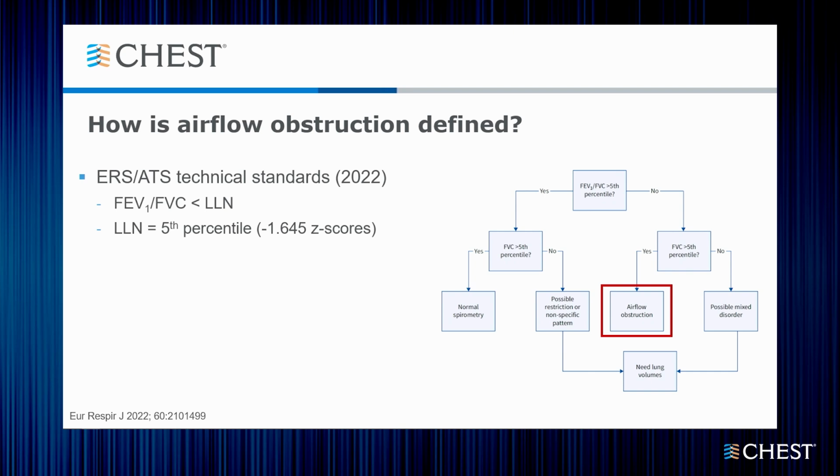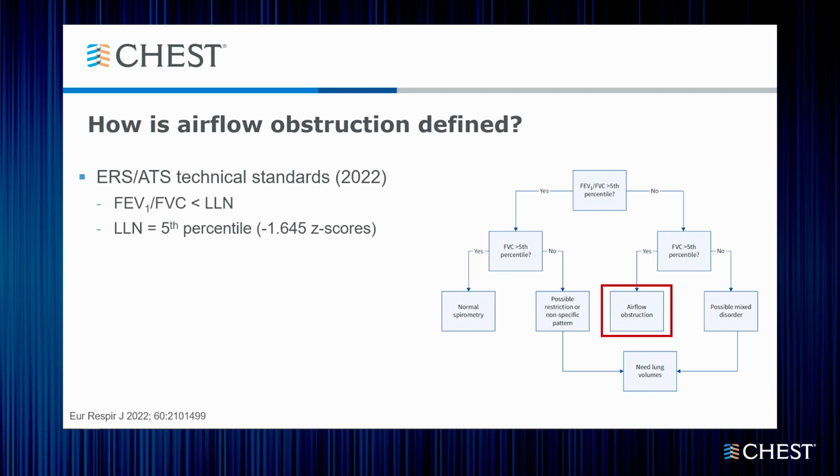So how is airflow obstruction currently defined? Well, the most recent ERS/ATS technical standards define it the same way as the 2005 standards. It's an FEV1 to FVC ratio less than a statistically defined lower limit of normal, or the lower fifth percentile, or negative 1.645 z-scores.